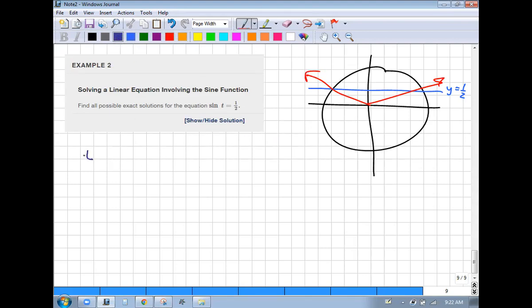So I'd say, well, t could be this angle, which would be pi over 6, or this angle, which is 5 pi over 6, and then anything that points in the same direction, right? So here we kind of have to write two separate things just because of the symmetry. Is that okay? All right.